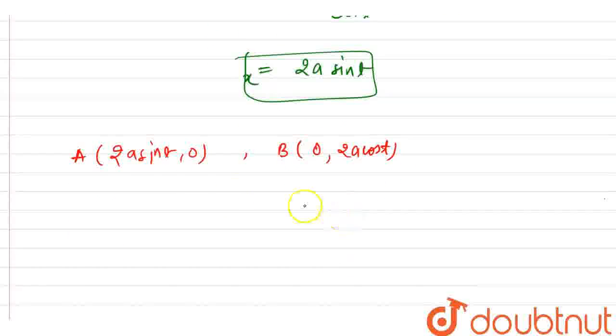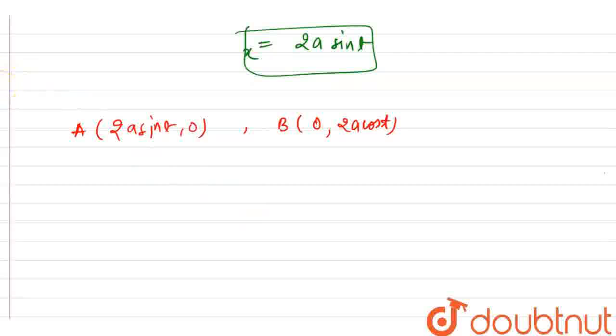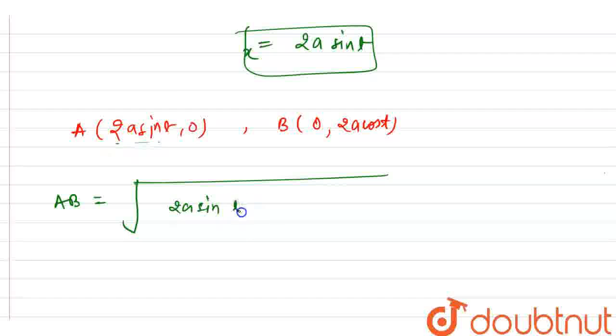Now we have to find the distance between them, so distance will find like this, AB is equals to under the root, this square 2a sin t minus 0 to the square plus 0 minus 2a cos t square, basically the formula x2 minus x1 square plus y2 minus y1 square.